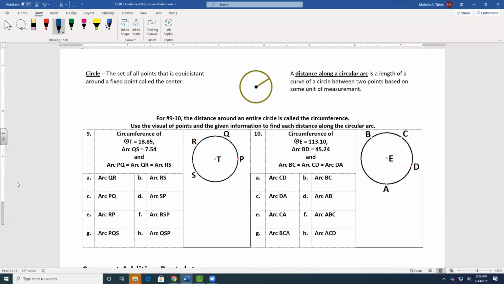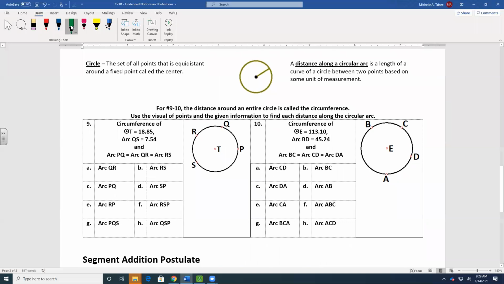All right. So next I have a circle, which is a set of all points that is equidistant around a fixed point called the center. So here's an interesting word. Equidistant. It has 2 parts. Equa and distant. Any guesses on what it means? Equally distant, right? How many sides does a circle have?